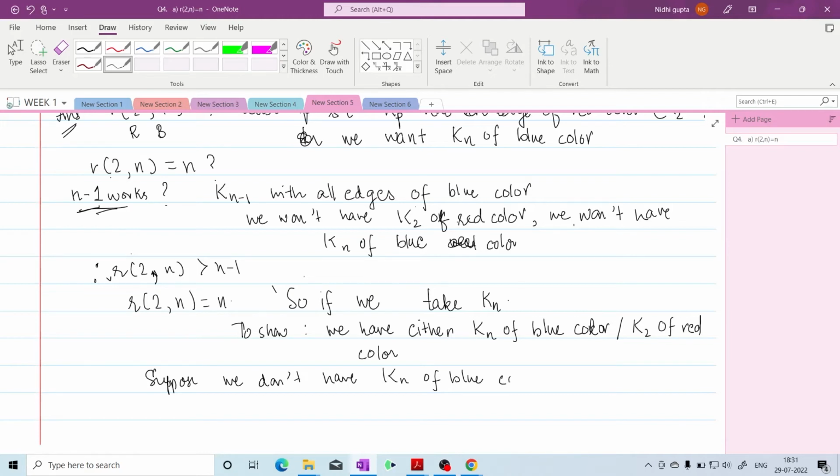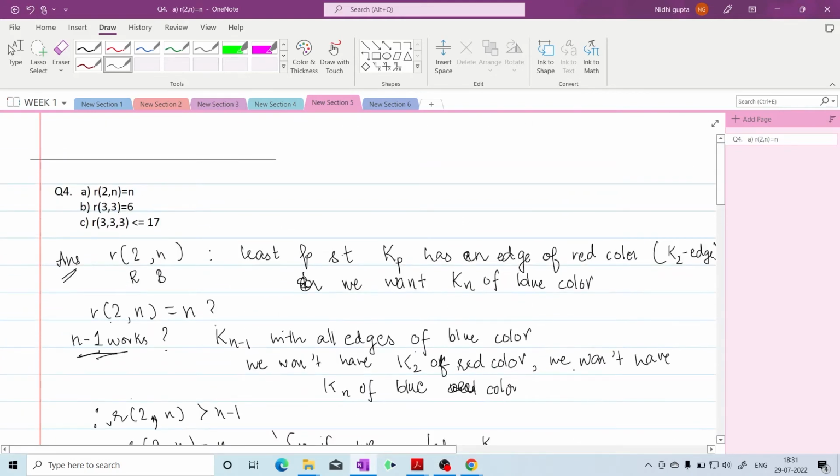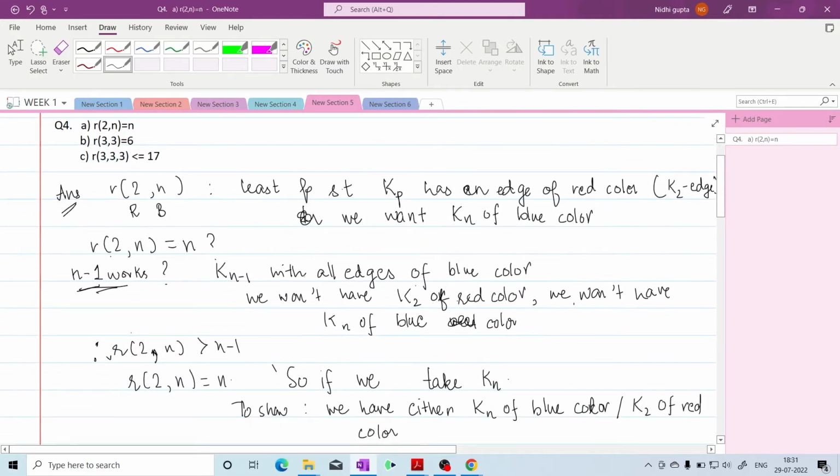This means at least one edge of Kn is red, which means that we have K2 of red color. Now this was easy, this was R(2,n). So is it clear?